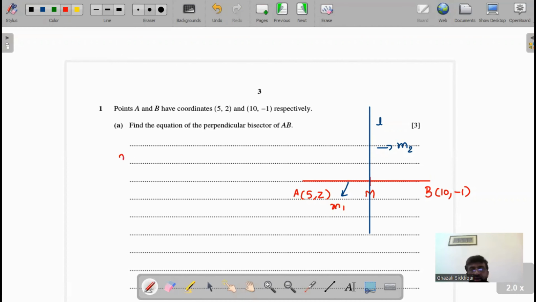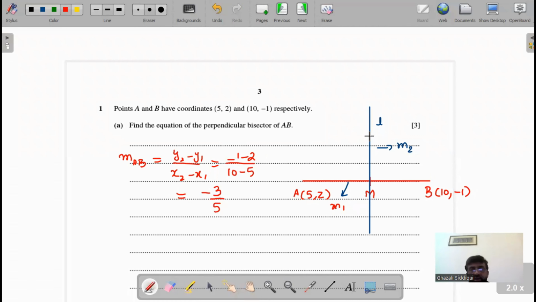The gradient of line AB is equal to (y2 - y1) over (x2 - x1), the formula we use here. Now y2 is -1 and y1 is 2, divided by x2 is 10 minus x1 is 5. This is the gradient of line AB. Calculating it, that's equal to -3/5.